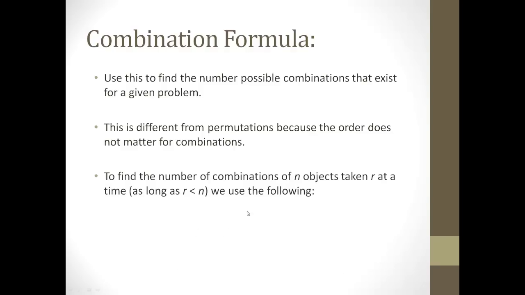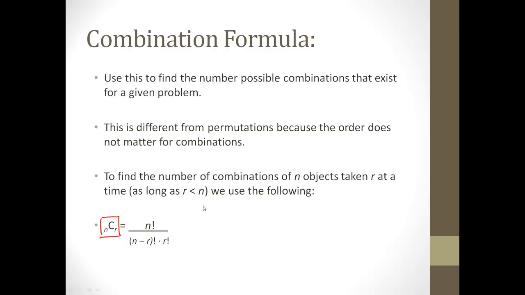And to find the number of combinations of n objects taken r at a time, as long as r is not greater than n, we use the following formula. Okay, now I know this looks a little intimidating, but trust me, it's not. You're going to find a key for this on your calculator, and I will show you how to do that when I see you in class tomorrow.